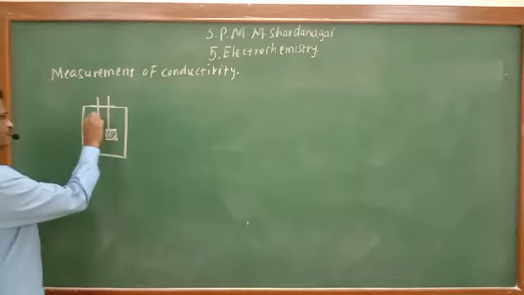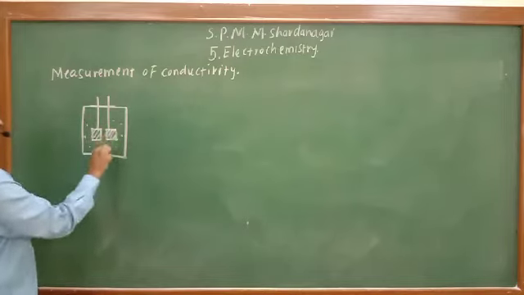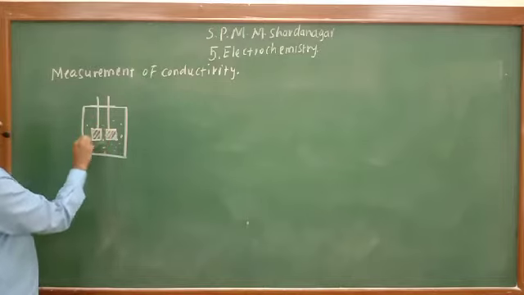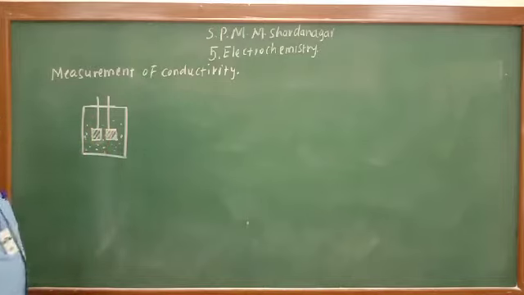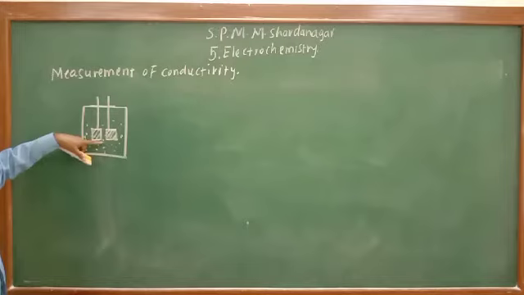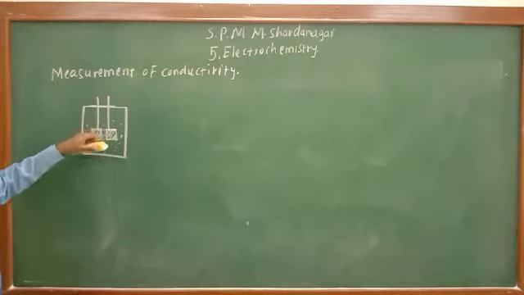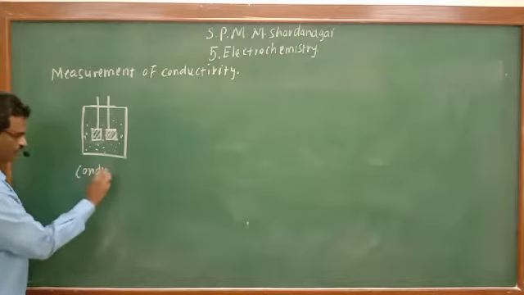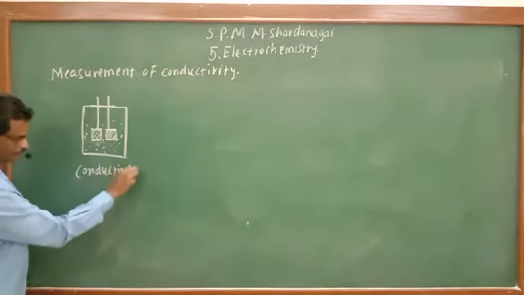It contains a glass tube in which two platinum plates are covered by platinum black, which is done by electrolyzing it in chloroplatinic acid. So this is nothing but a conductivity cell.